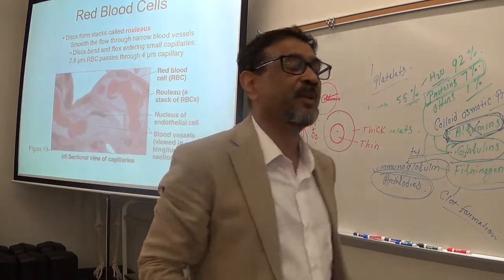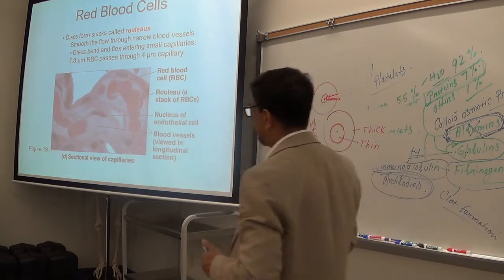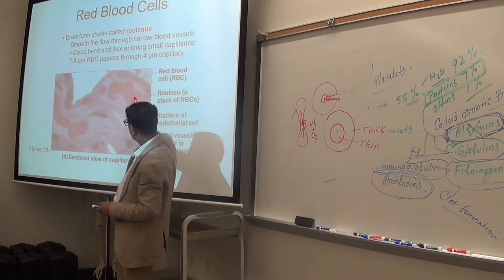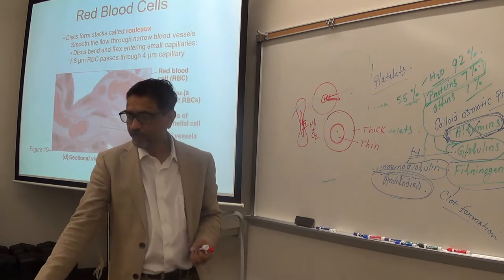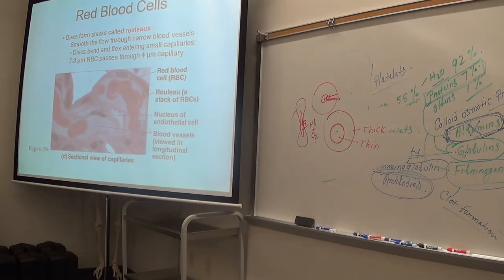So that column is called rouleau. So rouleau formation is a property of red blood cells. Okay? Here, see many red blood cells are stuck together. Make sense? Okay. That's a property.